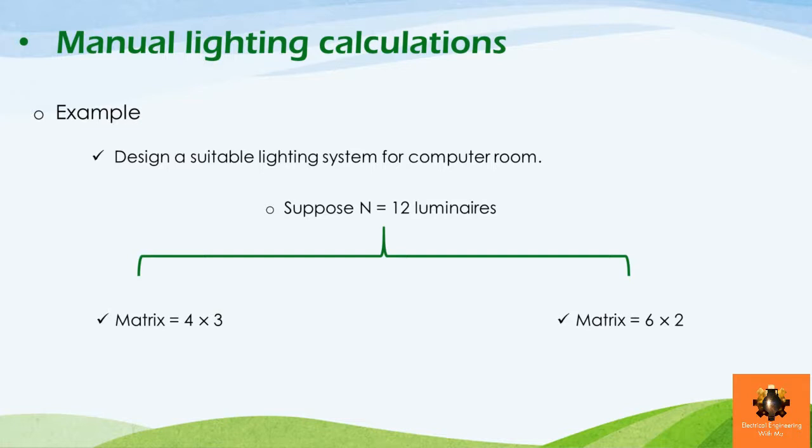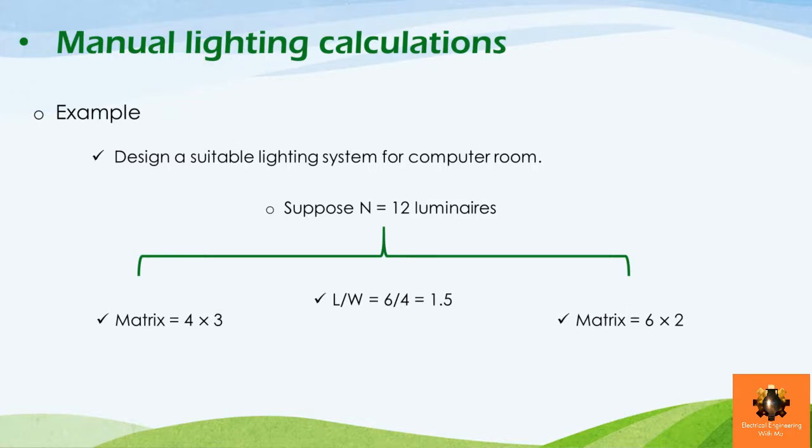And to do so, we need to get firstly the ratio of the room length to the room width, so it will be 6 over 4, as 6 is the length of the room and 4 is the width of the room. So the ratio will be 6 over 4, which gives us 1.5.